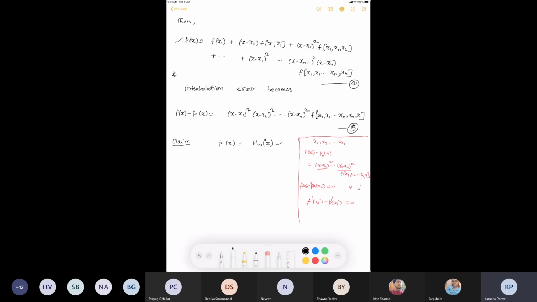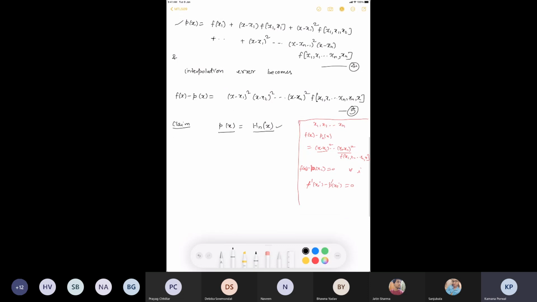If we can prove that this also interpolates the same data as Hn(x) and has the same degree, then we are done, because we know that the Hermite interpolating polynomial is unique.